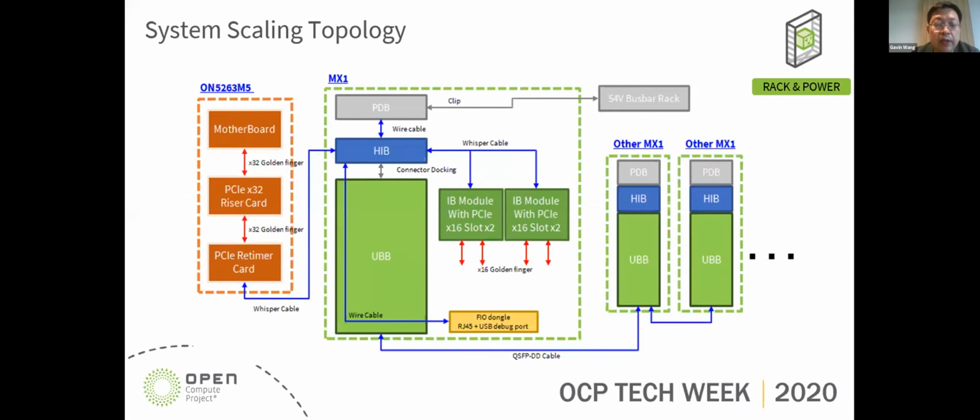This is our high level rack level scaling topology. On the left side is our Inspur compute node. We can use the retimer card to connect to our MS1 OAM reference design, and we can use the UBB external QSFP connector to scale out and connect to other different OAM systems.